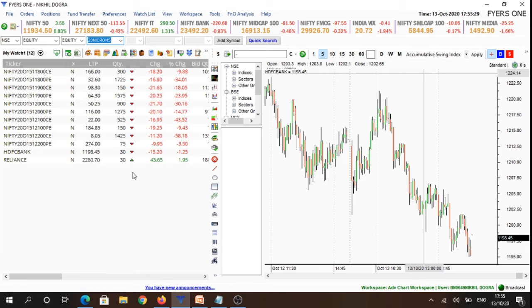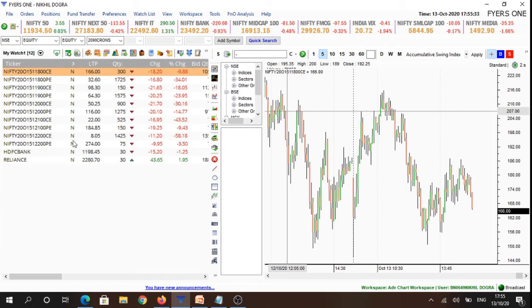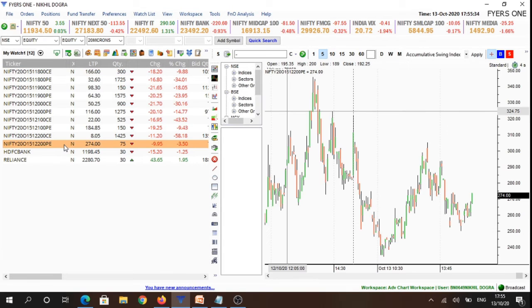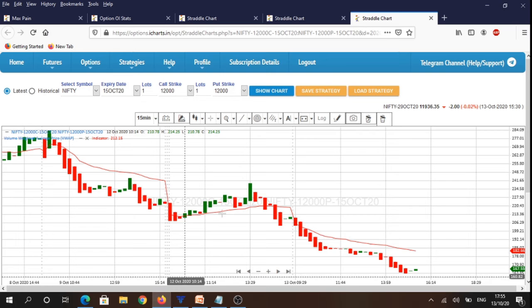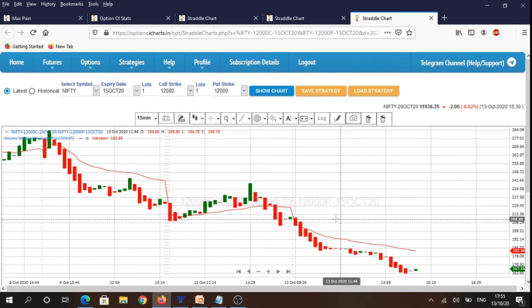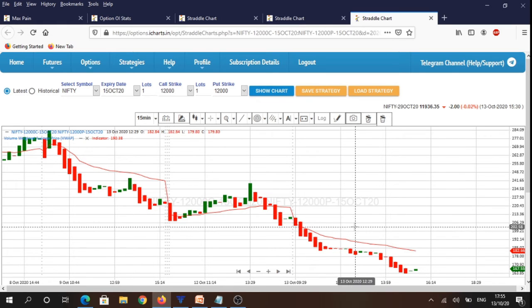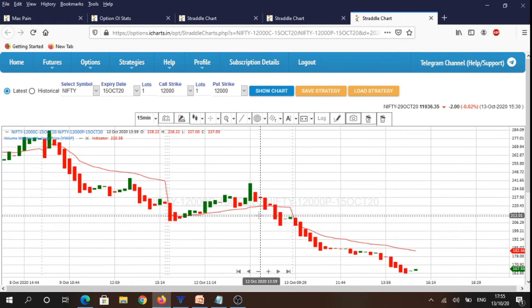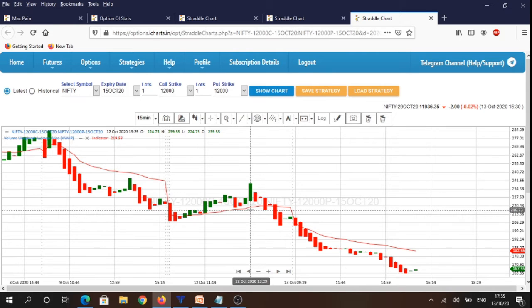From strikes 11,800 to 12,200, all the strikes, calls and puts, have lost their time value today. That is why the 11,800, 11,900 and 12,000 straddles decayed today due to theta decay.